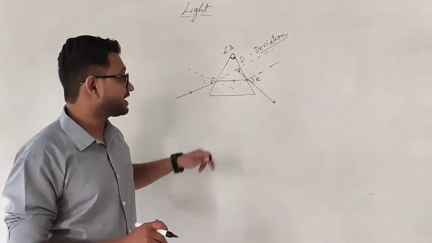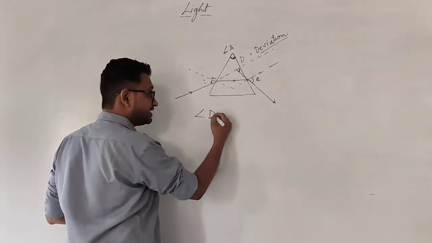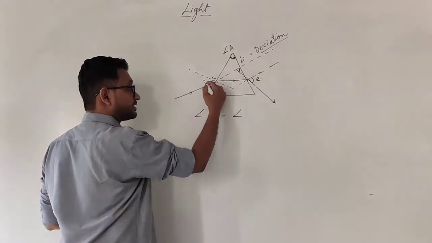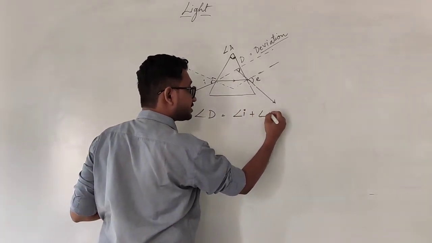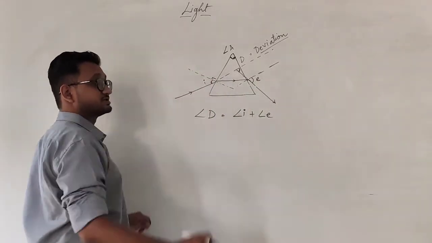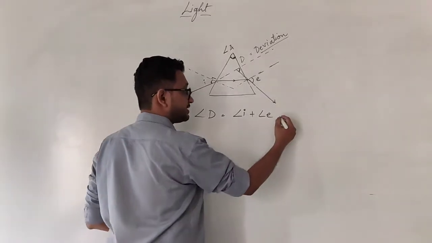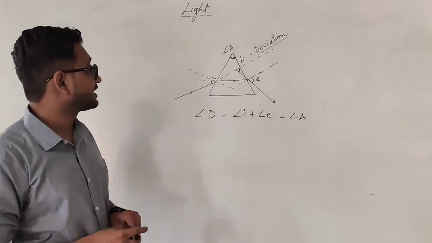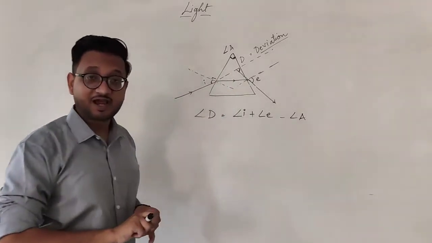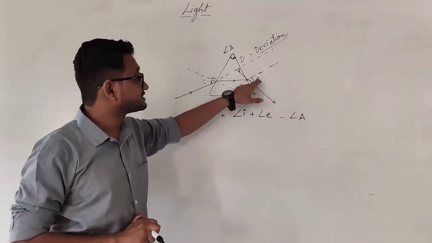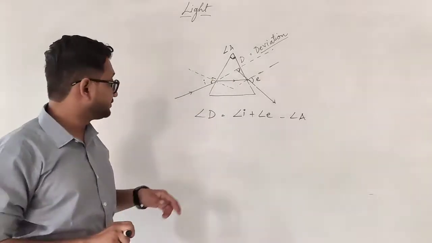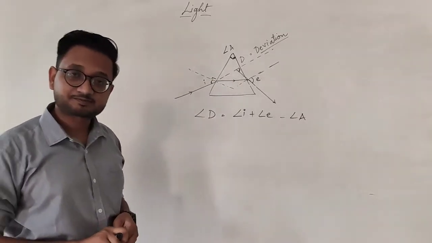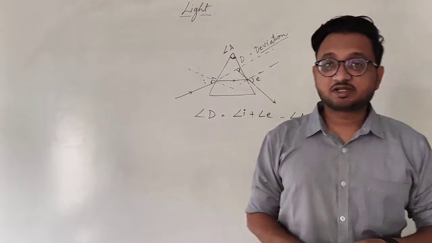In order to find the angle of deviation, angle D, we need to add the angle of incidence plus the angle of emergence, both of these angles, minus the angle of prism, angle A. We add both of these and subtract the angle of prism, and you will get the angle of deviation. I hope it is clear to you students.